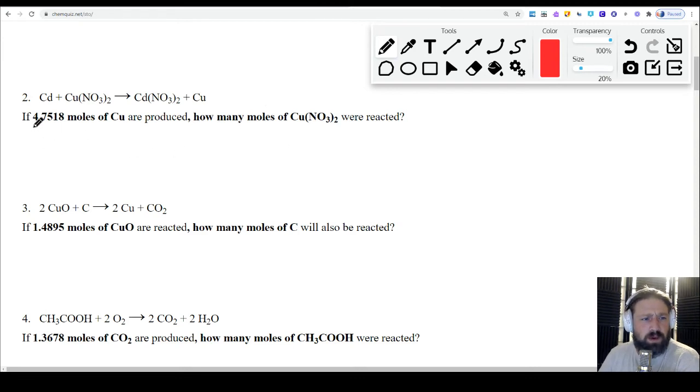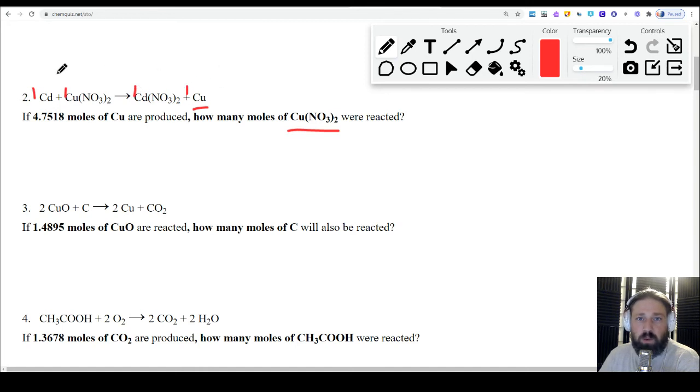Again, we want to know if 4.7518 moles of copper are produced. So we know how much copper is produced. I want to know how many moles of copper nitrate need to be reacted. I'm not even going to write out anything here, because this balanced equation is 1 to 1 to 1 to 1.